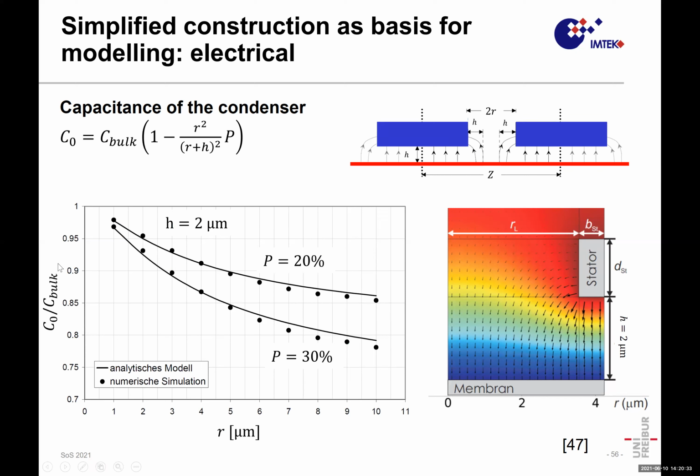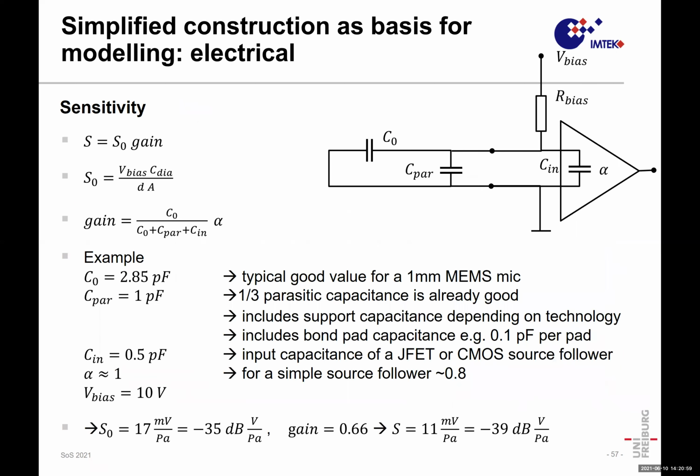You see here the ideal capacitance is 1, and with 30% of perforation and even 7 or 14 micrometer hole diameter, we still have something like 80% of the total capacitance. So it is feasible to go for those kinds of constructions and simply use those simple assumptions.